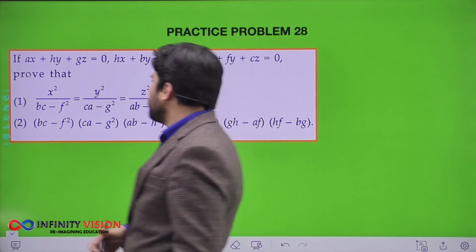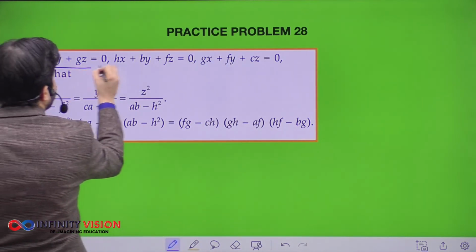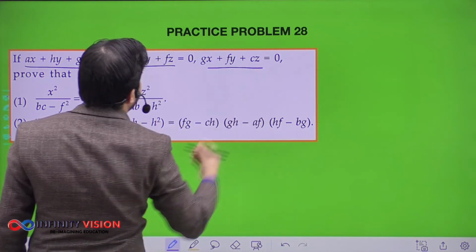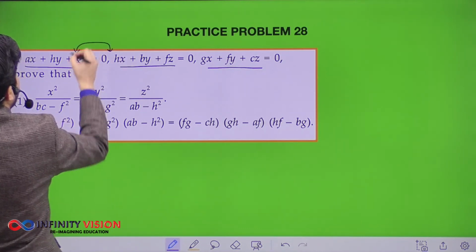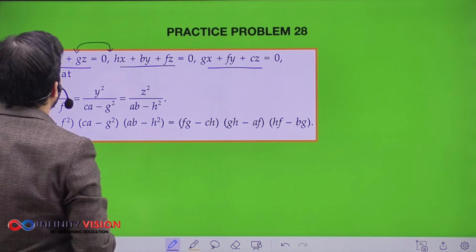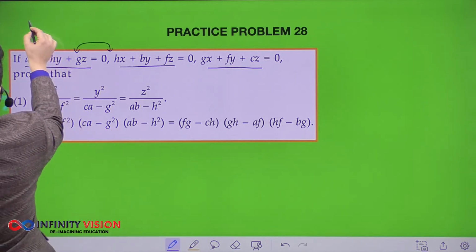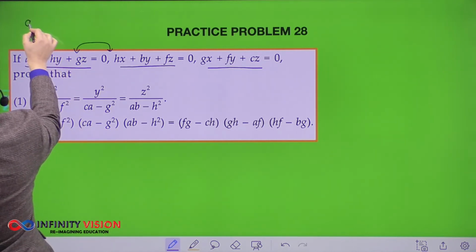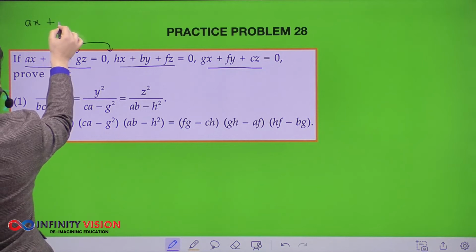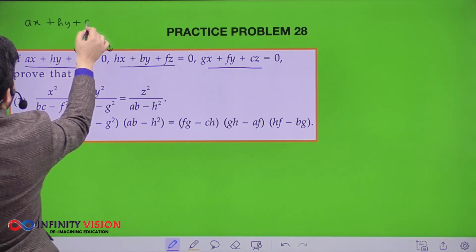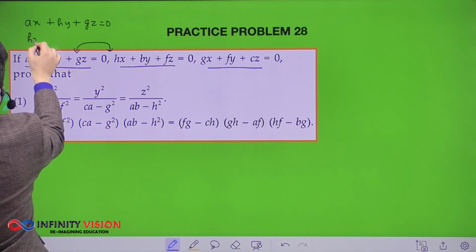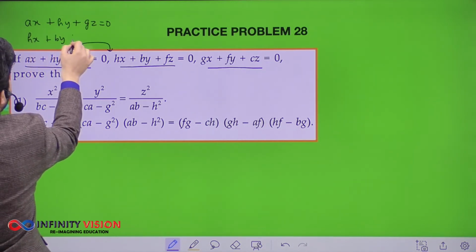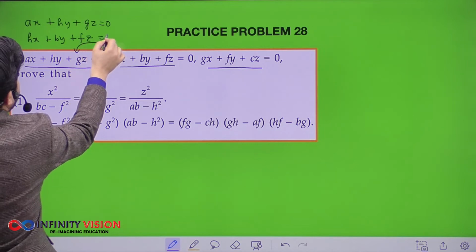For this, you just see that you have 3 linear equations and 3 unknowns. So we'll be following the same pattern. We'll first take these 2 equations and we'll write them in the right order so that we can write what proportional our x, y, z is. So I'll write ax plus hy plus gz equals 0 and hx plus by plus fz equals 0.